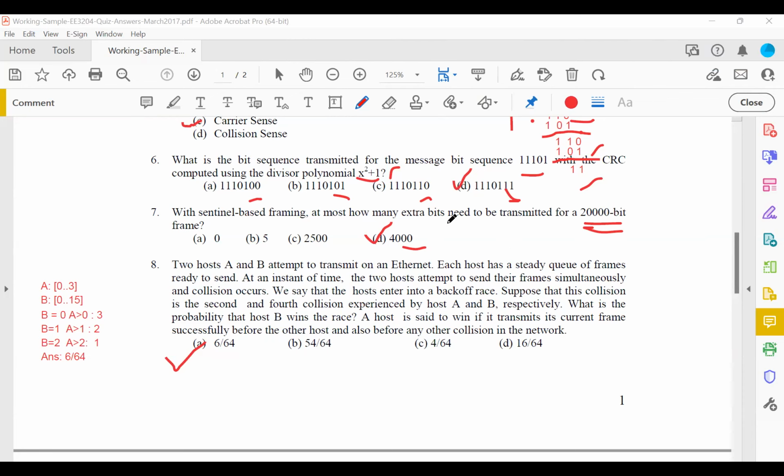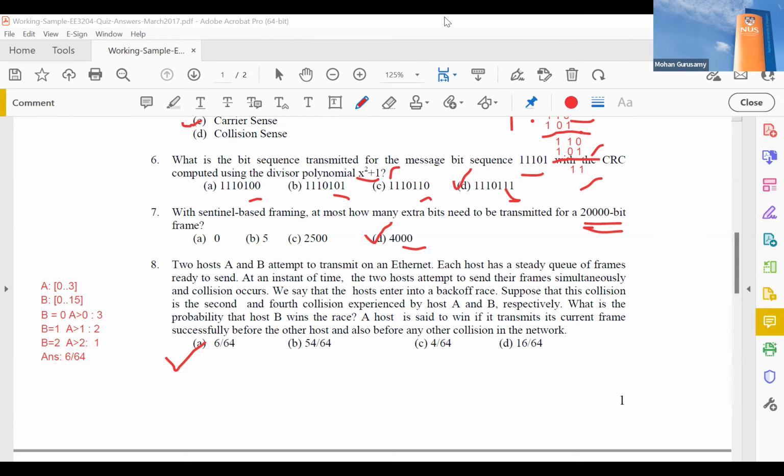Then Prof, I just want to check, is HDLC the more commonly used one in the real world? HDLC or its variant. There are different variants. PPP is also used, I think I mentioned. PPP is also used, HDLC is also used, and different variants of HDLC are also used.